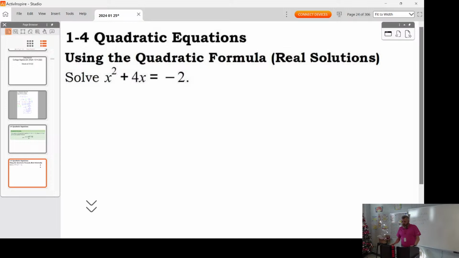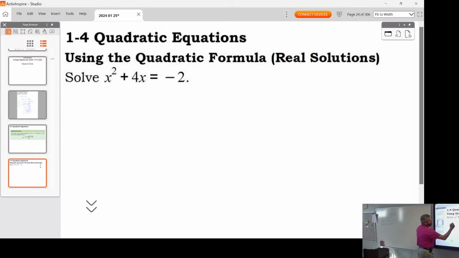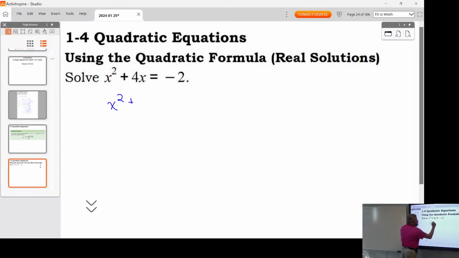The quadratic formula always works to solve for x. Factoring doesn't always work. Completing the square always works. Well, that kind of makes sense because we use completing the square to get the quadratic formula. Okay? All right, what would you do first to this equation to use the quadratic formula? Add 2 to both sides. X squared plus 4x plus 2 equals 0.